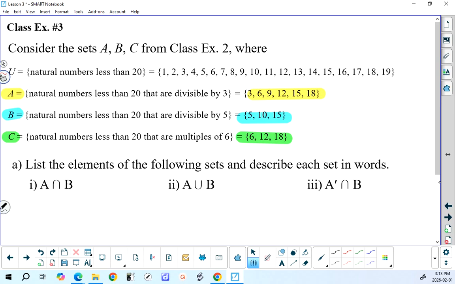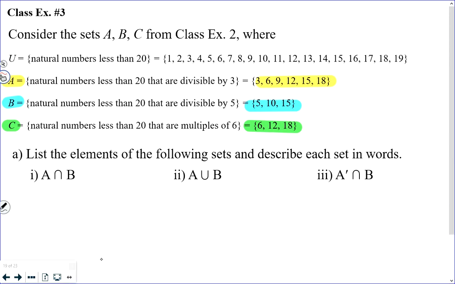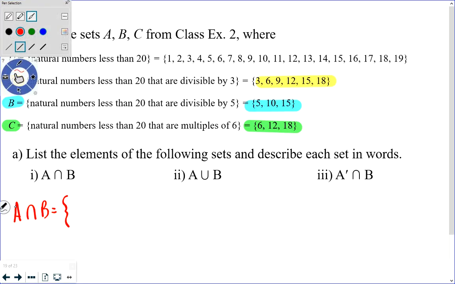And we're going to answer some questions now. List the elements of the following sets. So what do we have? The intersection of A and B. What elements are in the intersection? Well, they have to be elements that are in A and in B. So when you take a look at elements that are in both A and B, 6 is in both, 12 is in both, and 18 is in both.